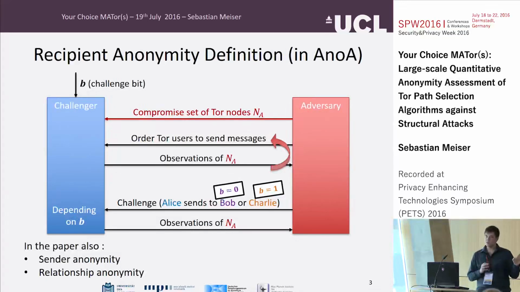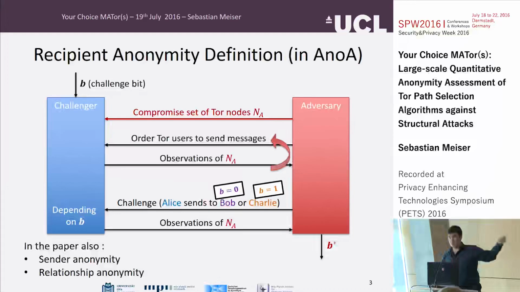This is the anonymity definition that we're going to use. And now we're going to try to show some cool things. Since this is kind of an advertisement talk, because we don't have much time to go into detail, I'll just talk a little bit about comparisons of what we're doing better than stuff we did before. The adversary, of course, has to guess the challenge bit, right? I guess you assumed that already.